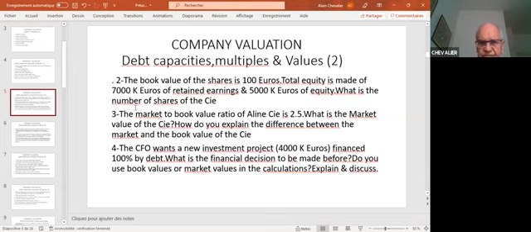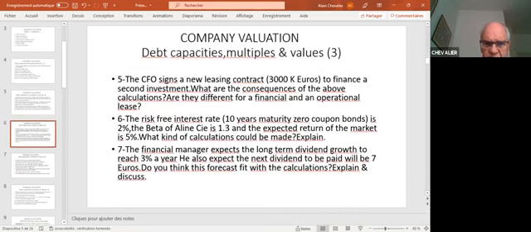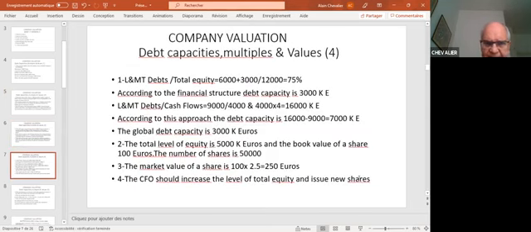And the question here is, what is the number of shares of a company if the book value is 100 euros and we have equity of 5,000 euros and 7,000 of retained earnings? So what we know is that the total value of equity is 5,000 euros and the book value of a share is 100 euros.